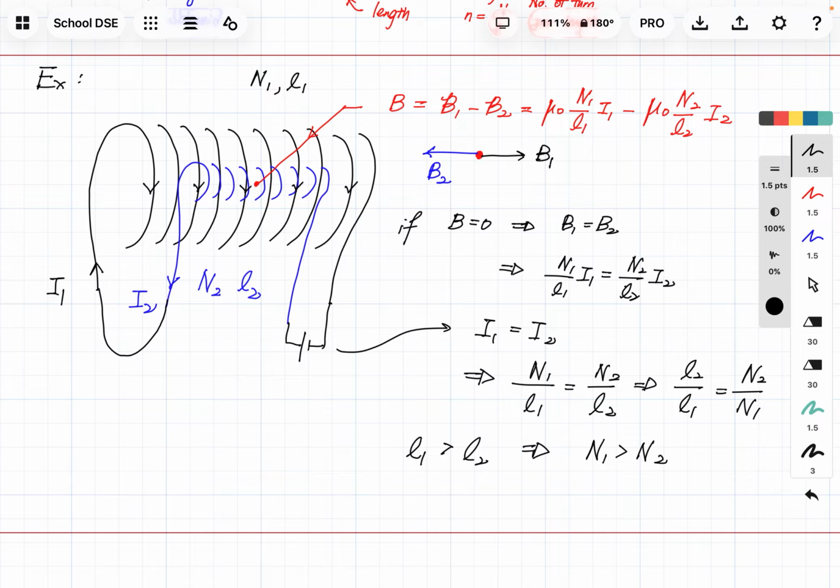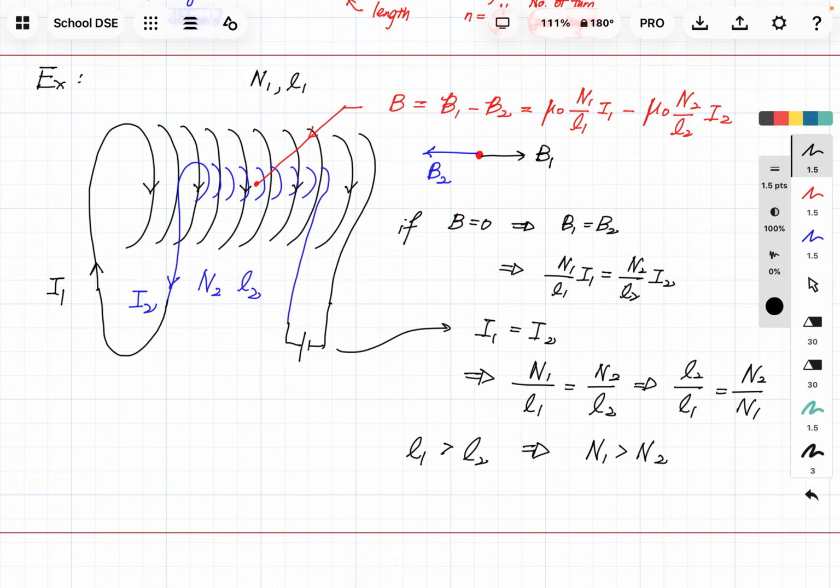Then what will happen to the magnetic flux linkage? It will also change with time. But if the magnetic flux linkage changes with time, then you have EMF induced. We can study this for EM induction.